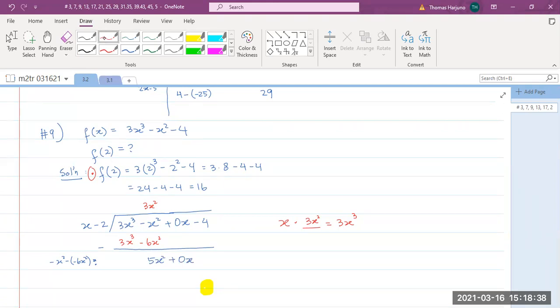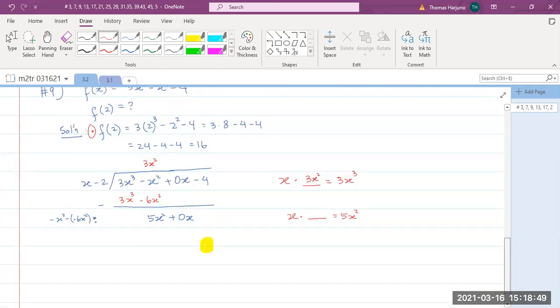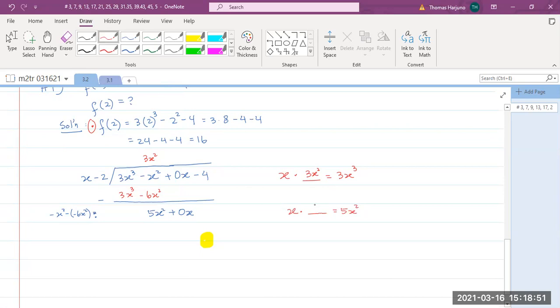So we repeat the cycle again. Now x times what gives us 5x squared? Multiply by 5x, right? So I multiply plus 5x, which I distribute with that x minus 2, so I get 5x squared minus 10x.